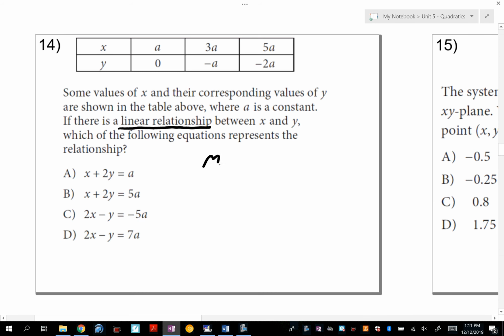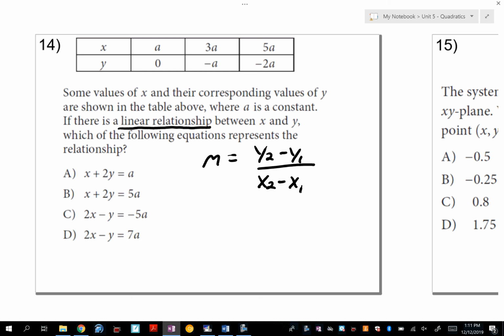The formula for slope is the change in y, so y sub 2 minus y sub 1, over x sub 2 minus x sub 1. You guys know from when we did this in August and September, I just choose the first 2 ordered pairs. So I choose a and 0, and I choose 3a and negative a.